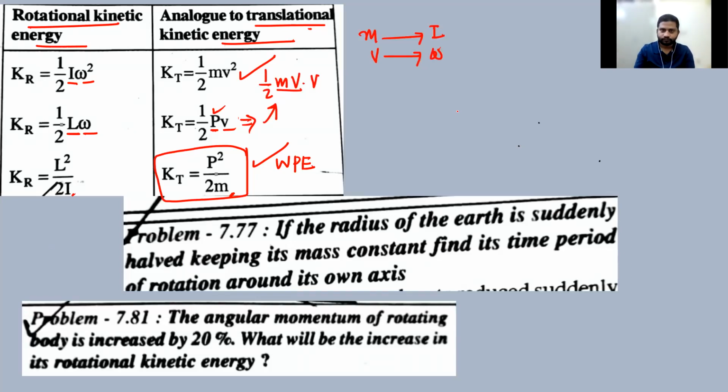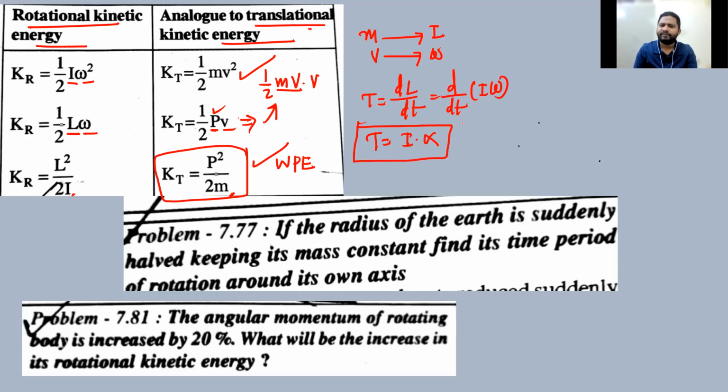Okay. Look here, students. Tau is equal to dL by dt, and this L is equal to I omega, and tau is equal to I constant, d omega by dt is alpha.